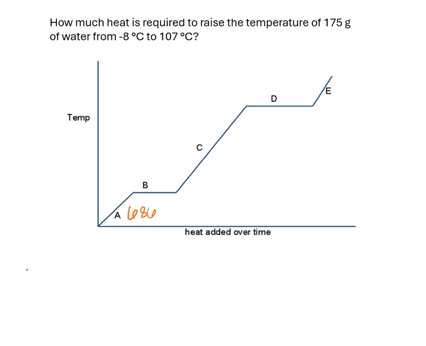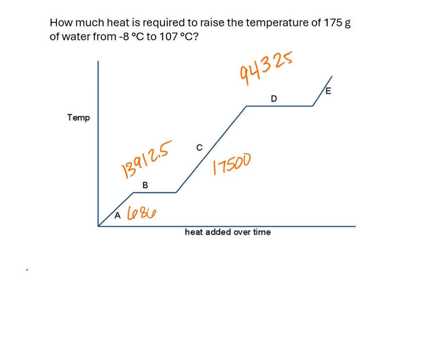If we looked at B, that was for the transition from the solid to the liquid. That value was 13,912.5. If we look at C, that was the energy for heating the liquid. That value was 17,500. And if we look at D, the energy associated with transitioning from the liquid to the gas phase, that value is 94,325.